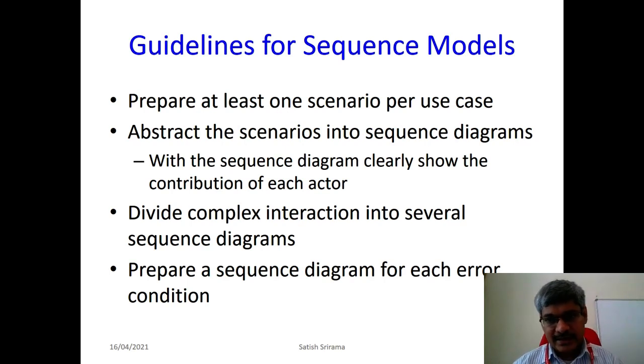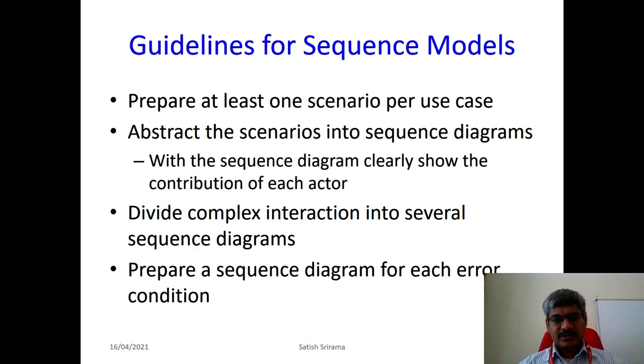Now let us look at the guidelines for these sequence models. Once you have designed the use cases and the use case diagrams, prepare at least one scenario per use case, the text-based description scenario. You prepare at least one scenario for each use case, and then abstract the scenarios into sequence diagrams.